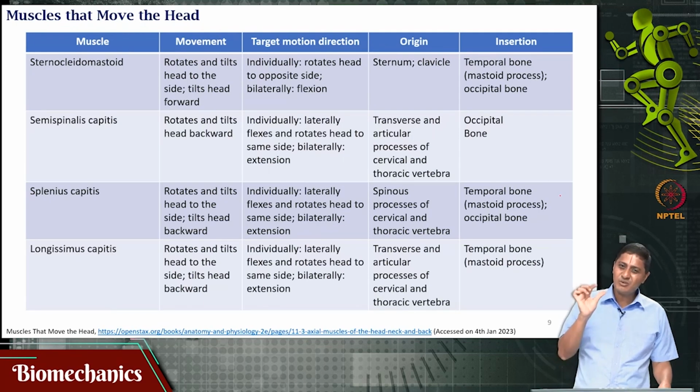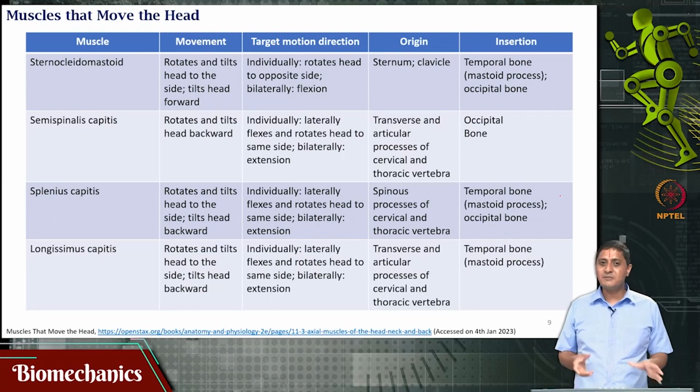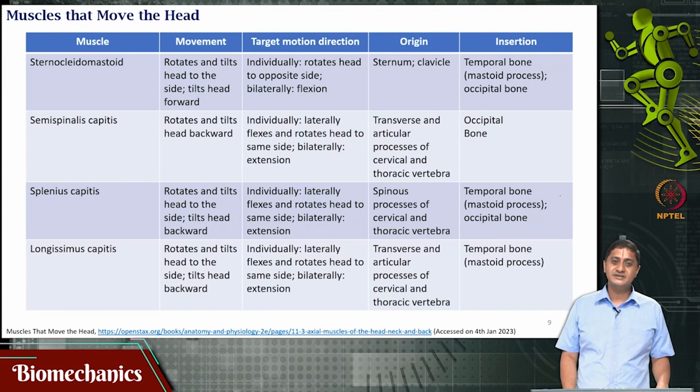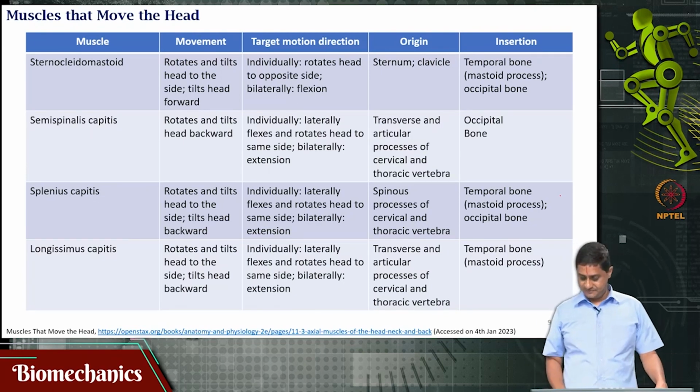There is a very small amount of flexion extension that is possible, but mostly its purpose is to provide a receptacle or a seat to hold the head in space. It does not allow any other movement other than the small amount of flexion extension. So, the main purpose seems to be stabilizing the head, right, balancing the head.